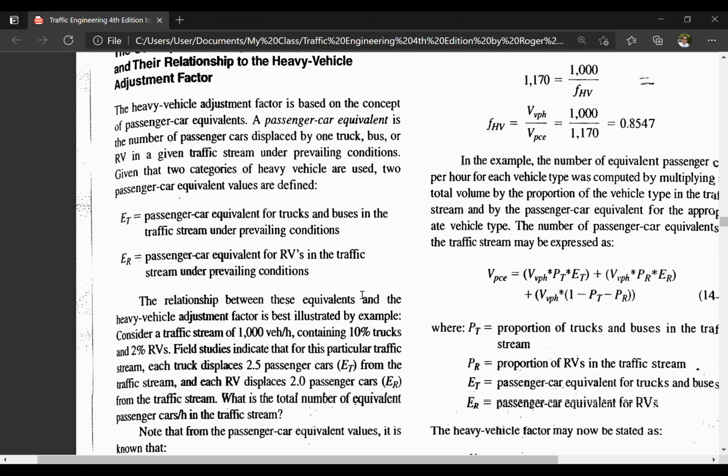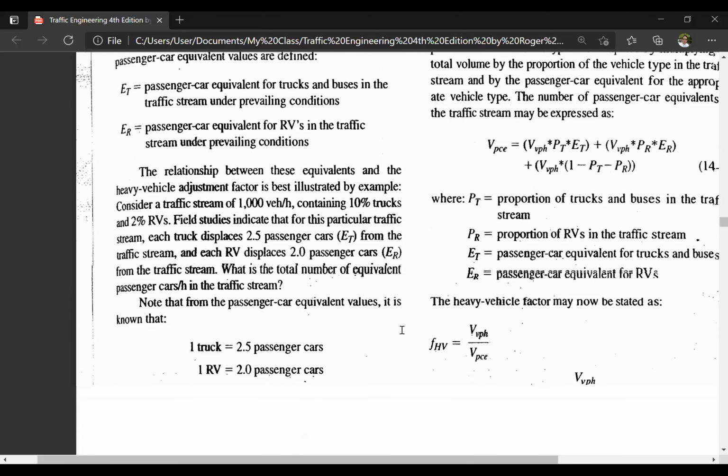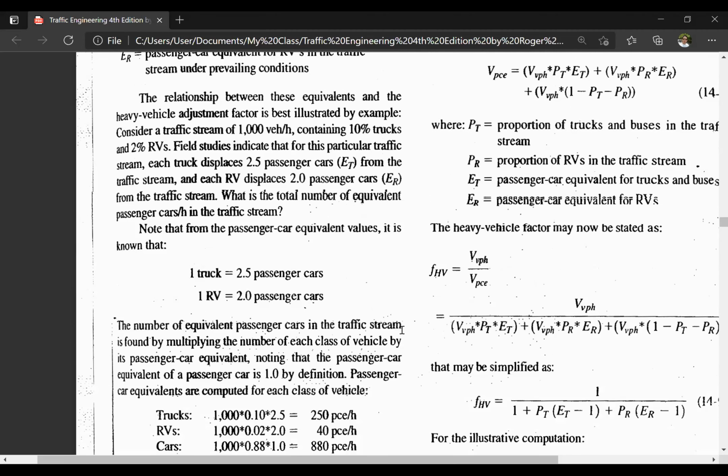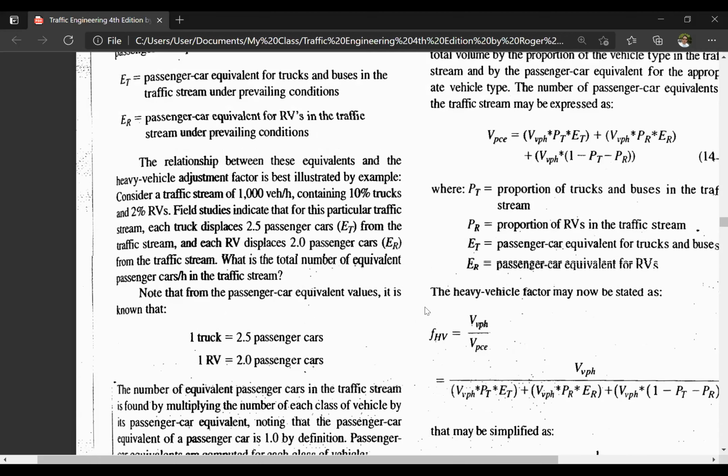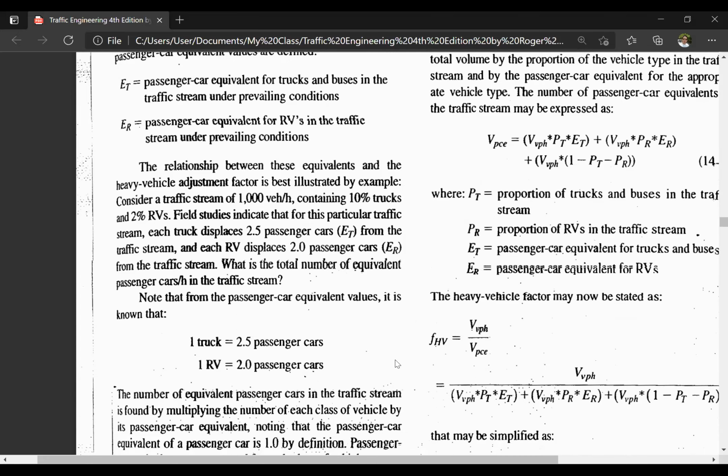Two passenger car equivalent values are identified here. ET stands for passenger car equivalent for trucks and buses, and ER stands for passenger car equivalent for RVs. In different countries, this number may be different.